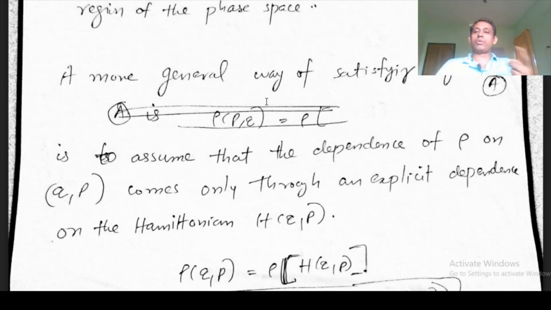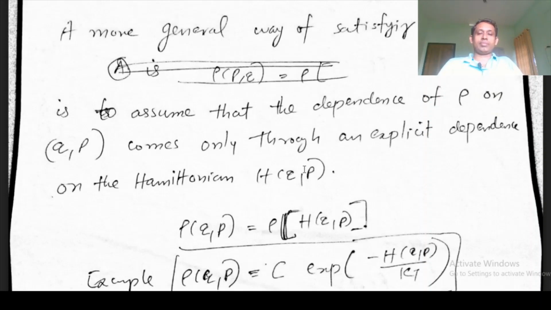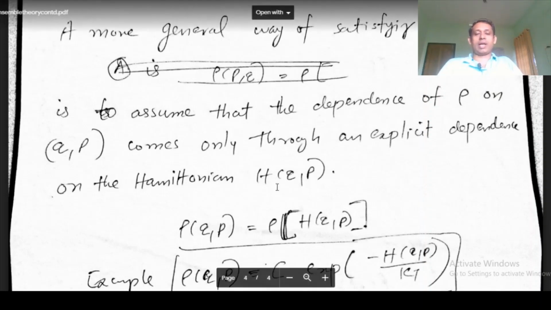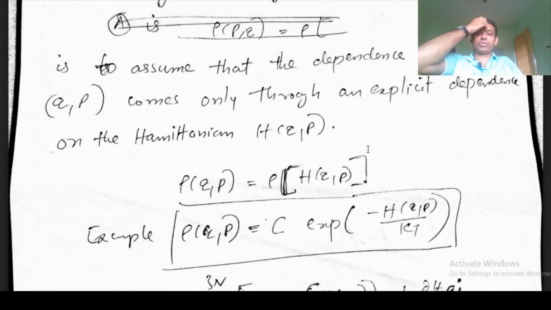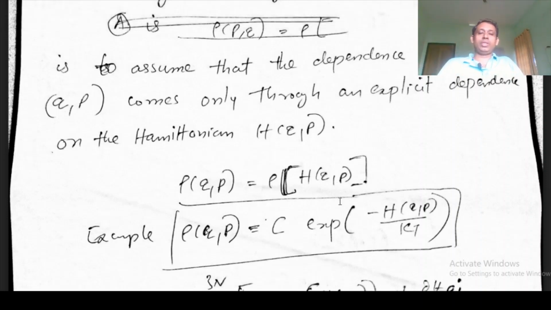Hamiltonian, we know, explicitly depends on the position and the momentum coordinates. So the dependence on Q and P for rho comes through the explicit dependence on the Hamiltonian. So rho of QP is written as rho of H(Q,P).